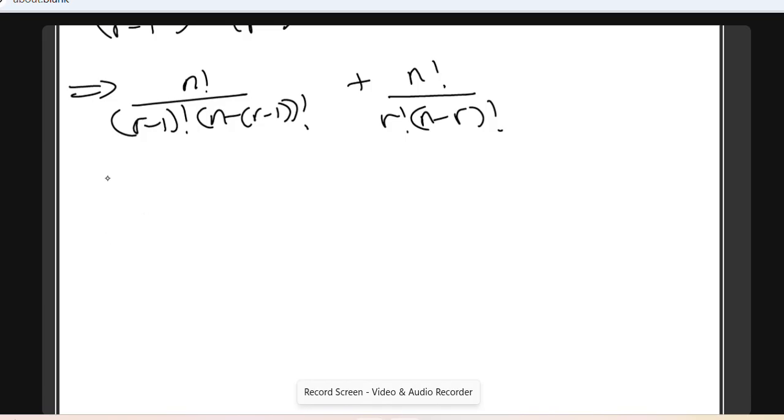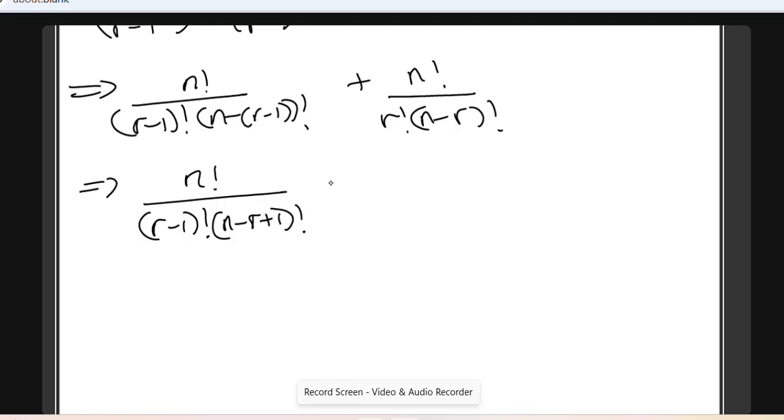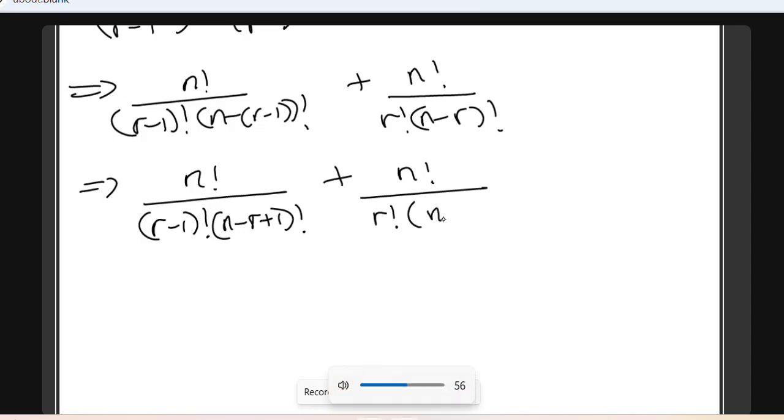Let me do this before I go any further. This implies n factorial over r minus 1 factorial n minus r plus 1 factorial plus n factorial over r factorial, then n minus r factorial.